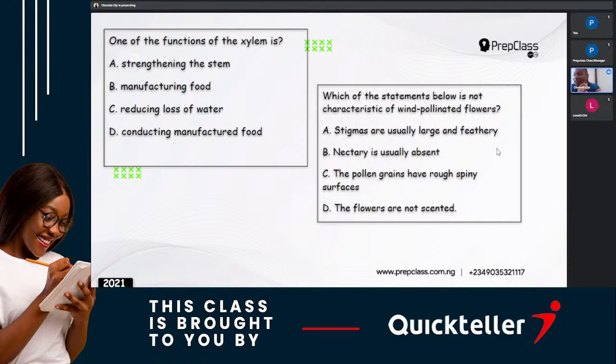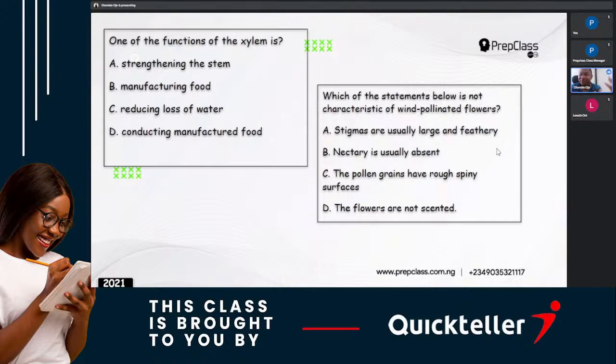While we also have another tissue called phloem. The function of the phloem is to conduct food made in the leaves. You know, some food is made in the roots; that's the one the xylem is taking care of. But some other foods are made in the leaves of the plant during photosynthesis. Those made in the leaves are conducted by the phloem to all parts of the plant.